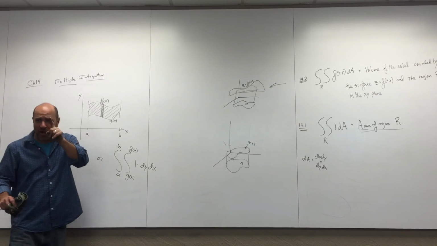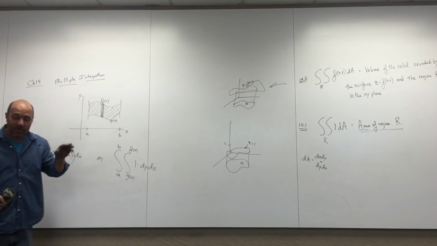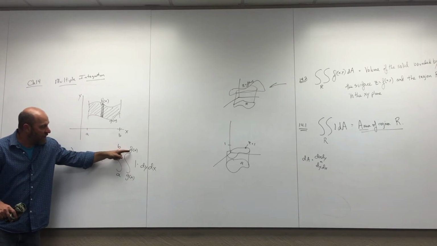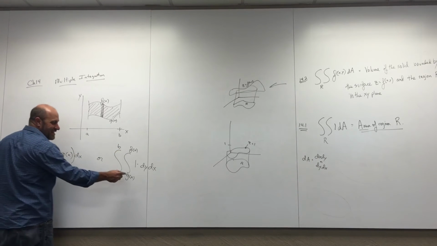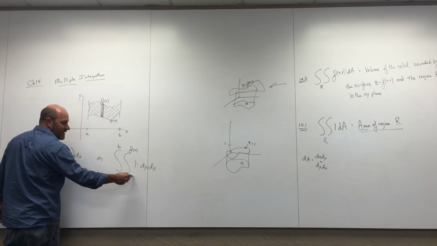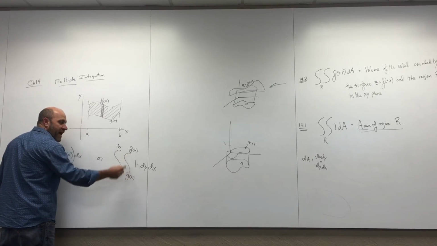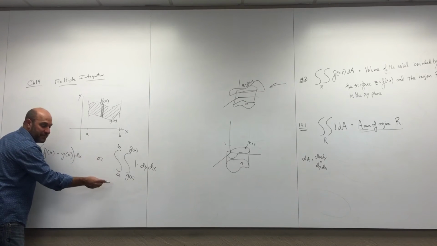My one problem was 0 to x, and then 0 to 2. That's how it usually works. These bounds for y are in terms of x, and then the bounds for x are numbers.